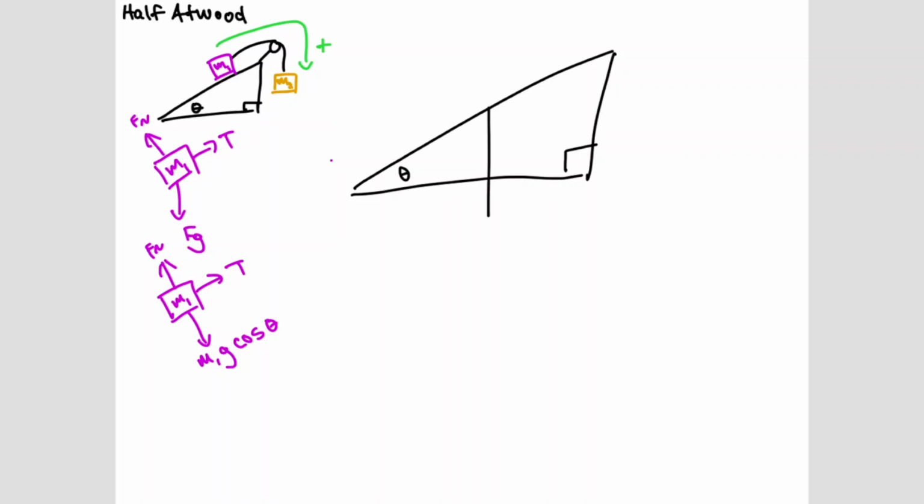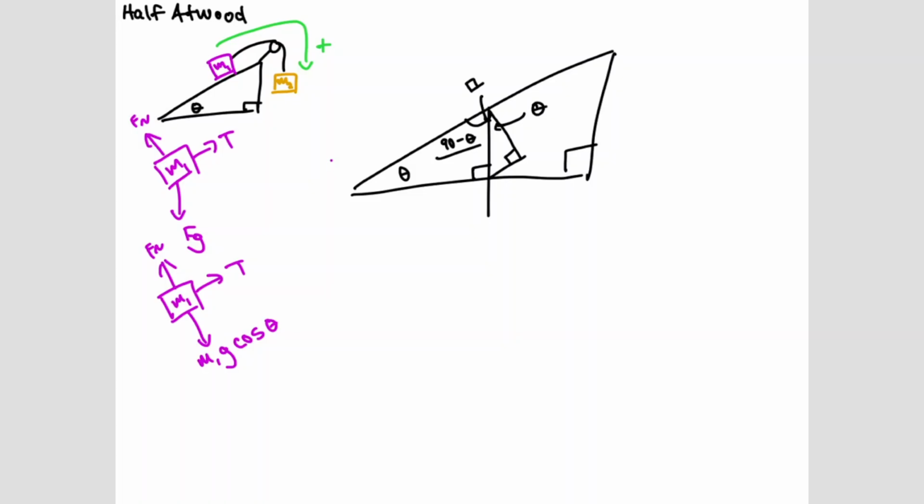Now, what we want to do is split this into two components: this component and the horizontal component, kind of like that. Because those two are a vertical and a horizontal, that's a right angle there. Because force of gravity comes straight down, this is another right angle. This means that this angle up here is 90 minus theta. Now, we know that that angle is a right angle too. This is a really bad diagram. So that means if this part is 90 minus theta, then this part is theta.